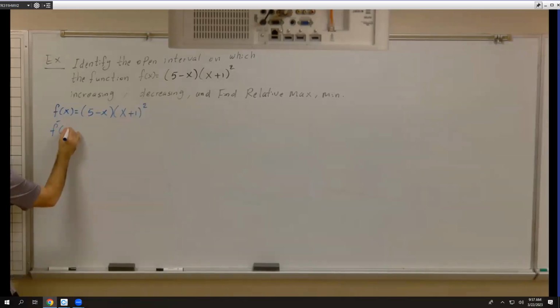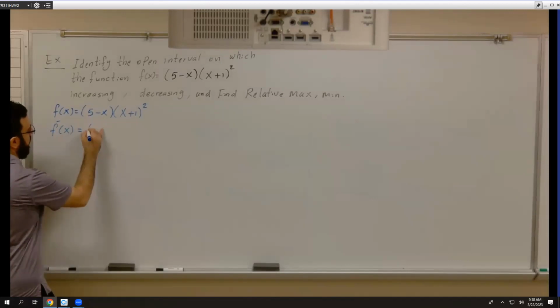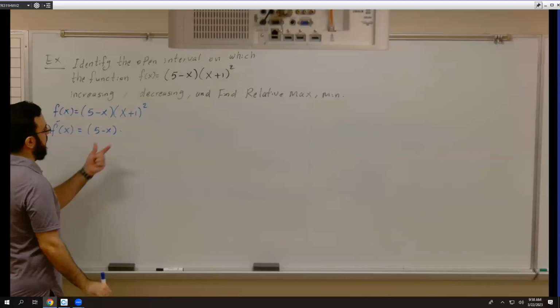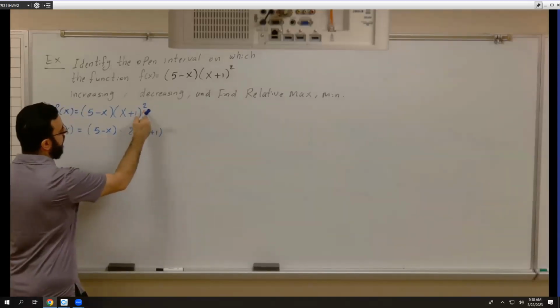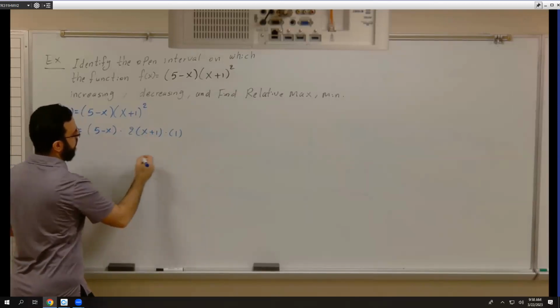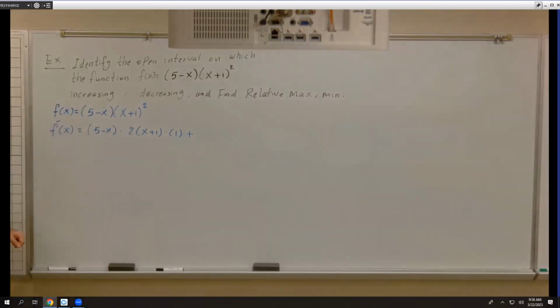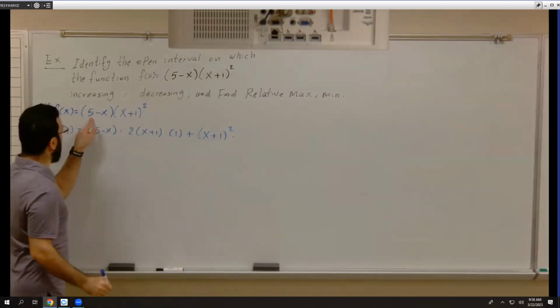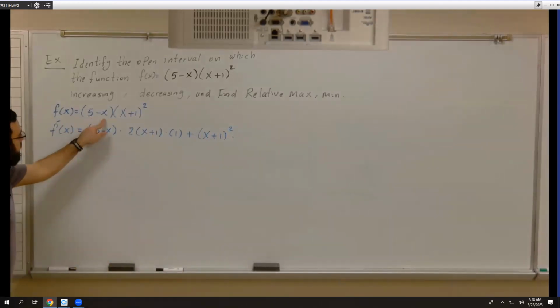Now I need to find the derivative of this function. It's a product of two functions. So it's the first one, 5 minus x, times the derivative of the second one, which is 2 times x plus 1 to the power 2 minus 1, which is 1, times the derivative of the inside, which is 1, plus the second one times the derivative of the first one. So here's the second one times the derivative of 5 minus x, which is -1.